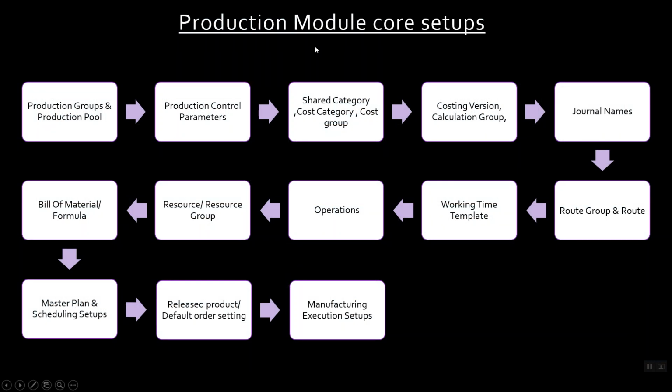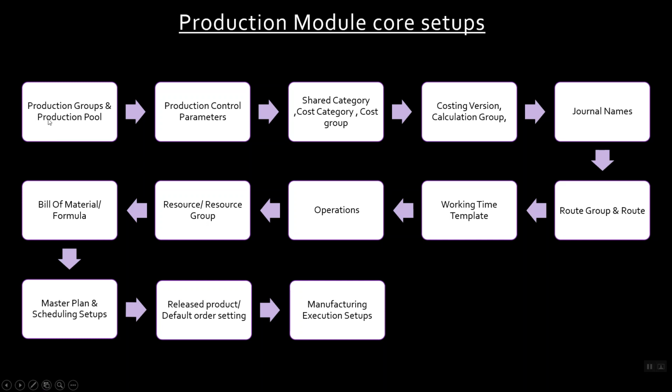Let's go to our next slide and understand our production module core setups. So in order that your production flow must work effectively, you must configure all the setups in a sequence and interlink it with each other so that your production module gives you a really effective outcome.